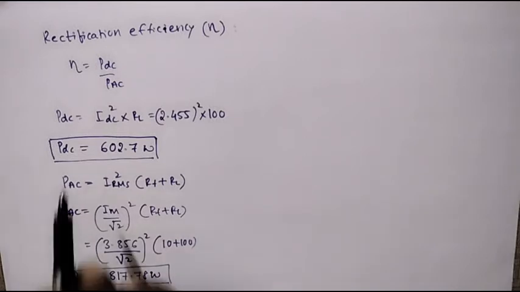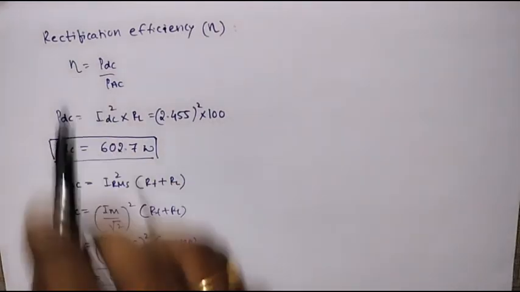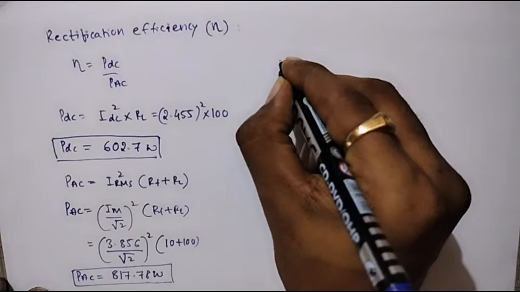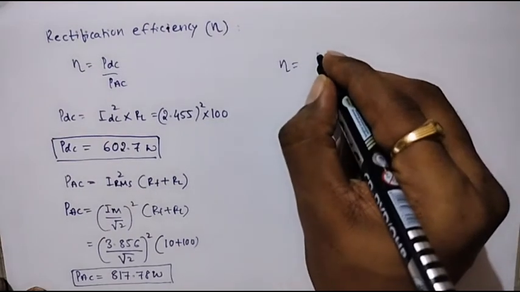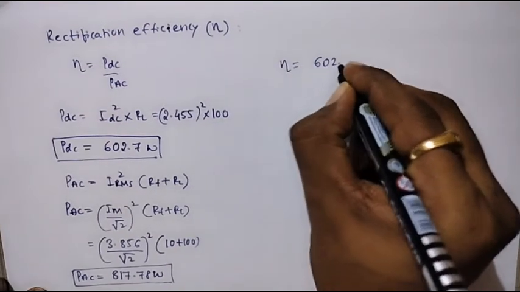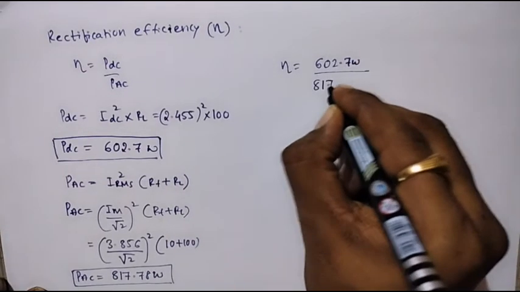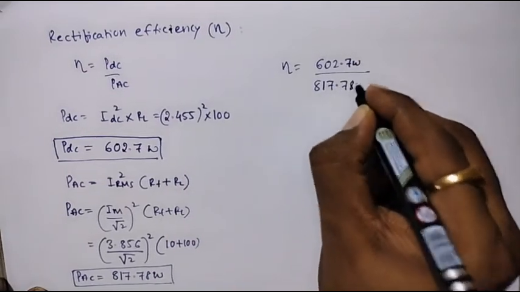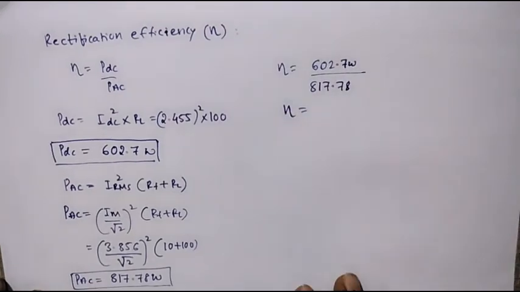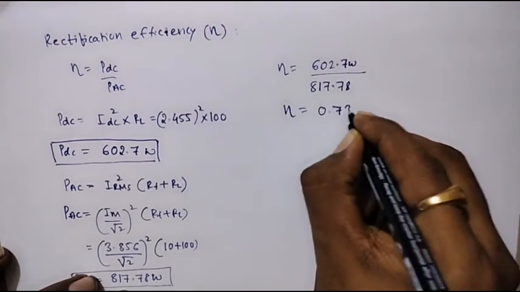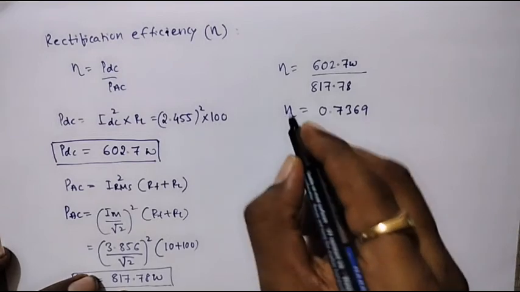Now substituting the PDC value and PAC value in the efficiency equation gives 0.7369.